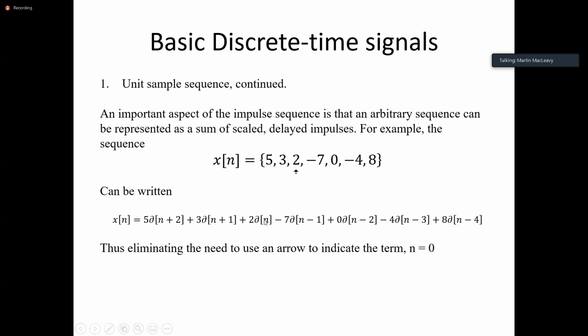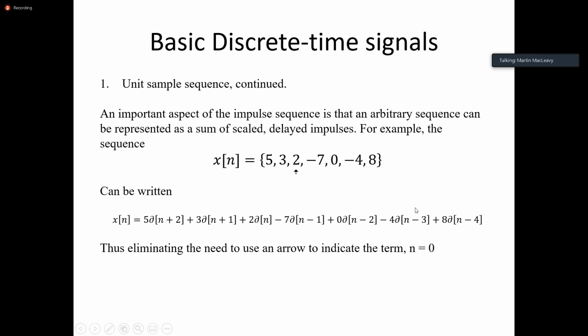That would be the only non-zero term. All these other terms have a zero value in them, and therefore these all go to 0. So when n is equal to 0, delta n plus 2 is a delta of 2, and that is 0. So this term will go out, that term will go out.